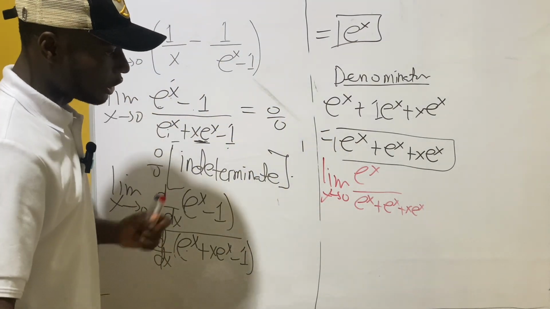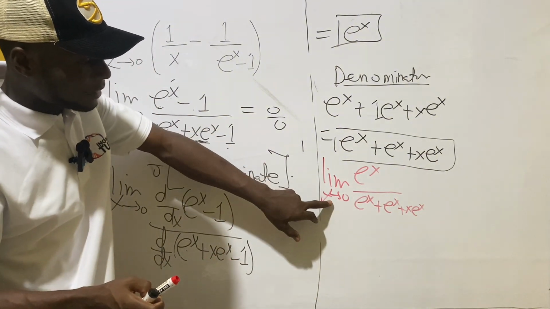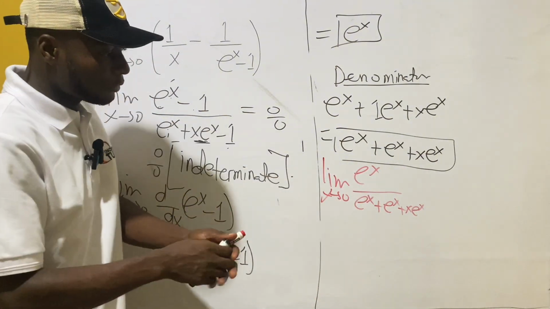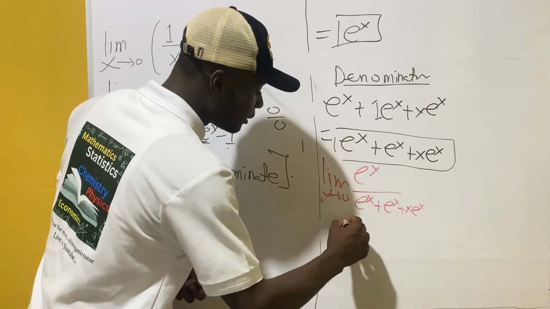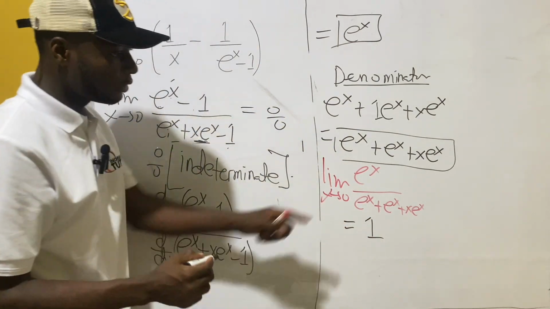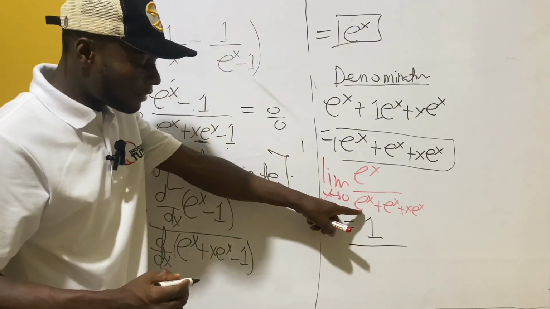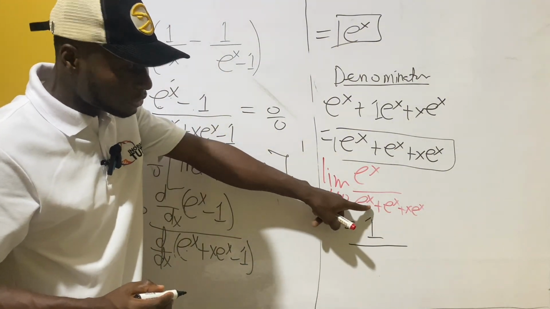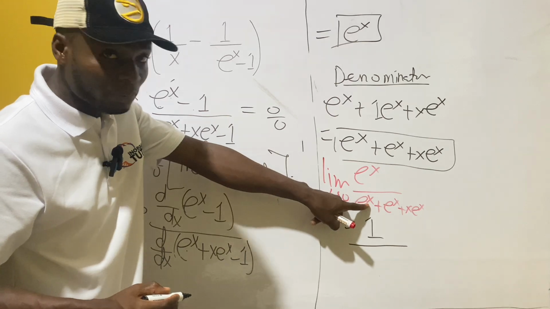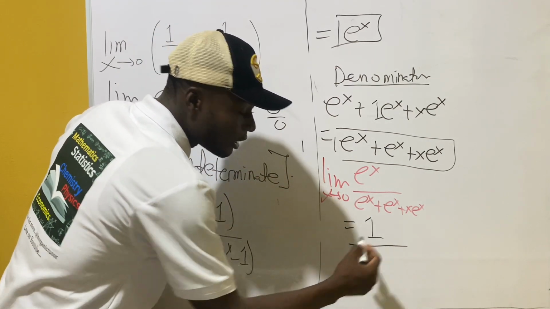Here we can boldly say that when we substitute x equals 0, the numerator is e power 0, which is 1.